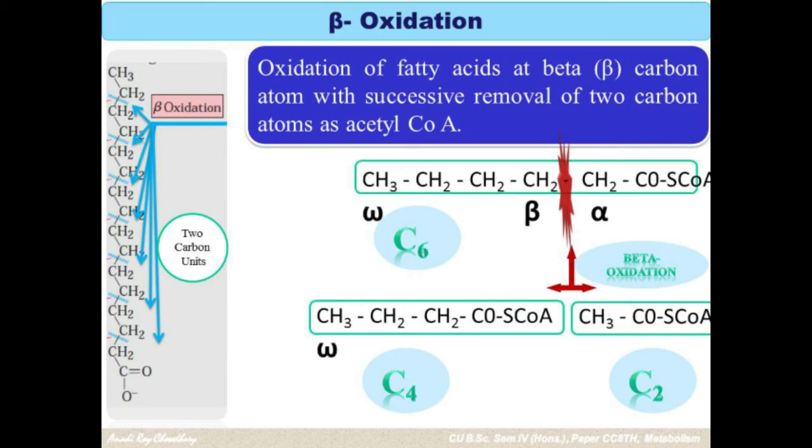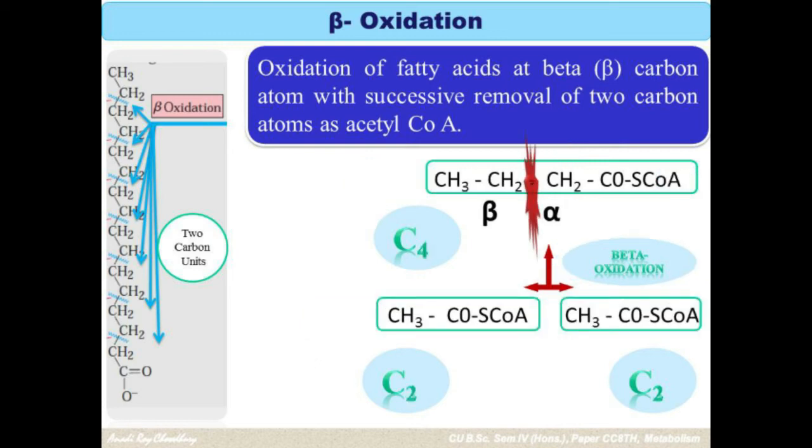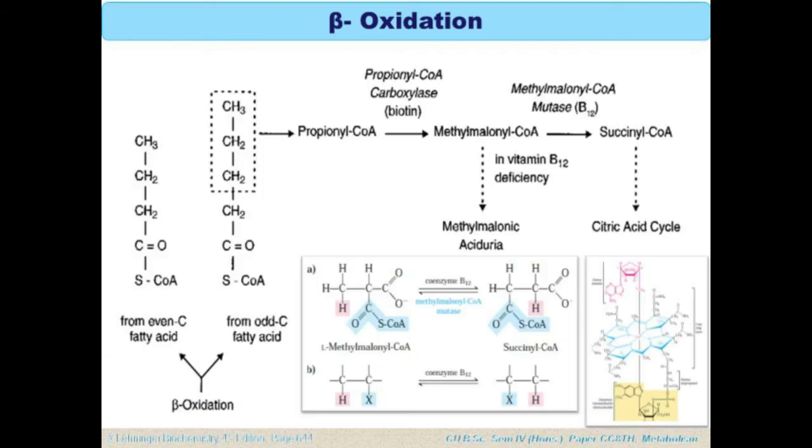Lastly, butyryl-CoA, a 4-carbon acyl-CoA, is produced by beta oxidation of even chain fatty acid and undergoes the last cycle of beta oxidation. If it is an odd chain fatty acid, the final product is propionyl-CoA, which does not undergo beta oxidation, and it is converted to succinyl-CoA, a TCA cycle intermediate.